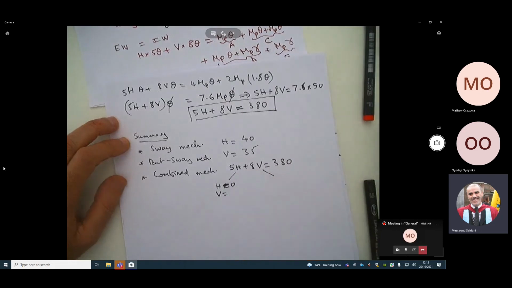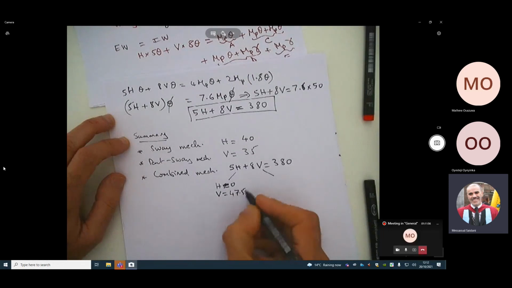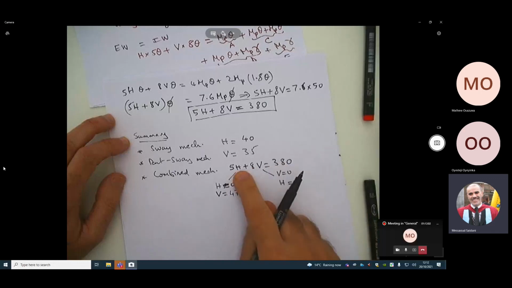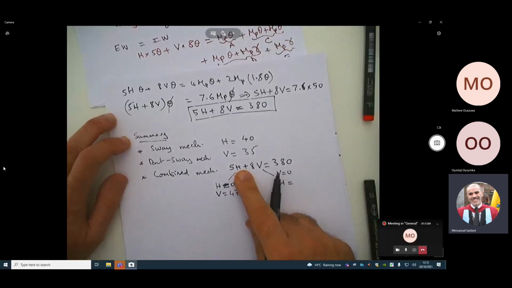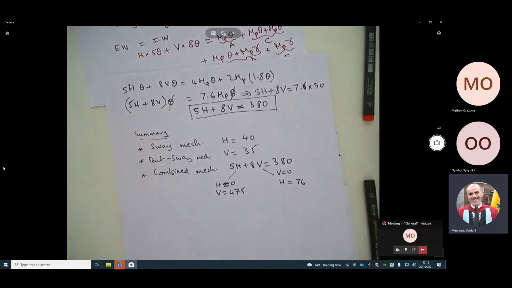What is 380 over 8? It is 47.5. And if you put V equals 0 into the equation, you get H equals 380 over 5, which is 76. Okay? So I need 2 points to draw this line.